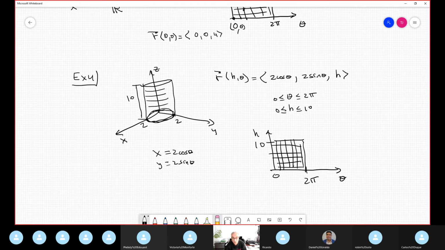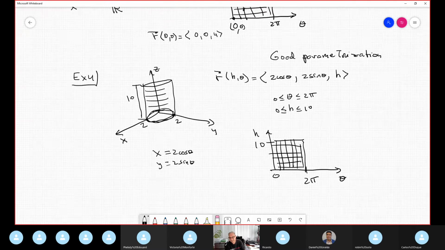This is the idea. So what is a good parameterization? A good parameterization is when you try to do it an easy way. You adapt according to the geometry of the surface to the most comfortable coordinates: cylindrical, or spherical, or Cartesian XY, depending.